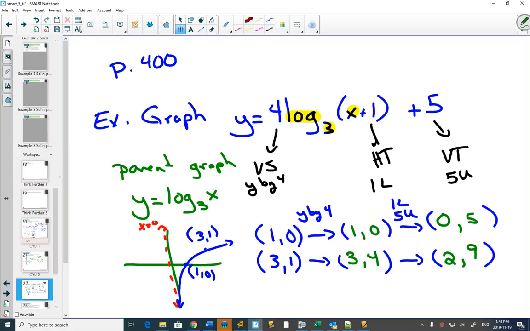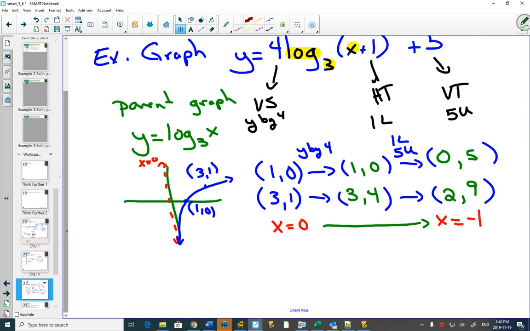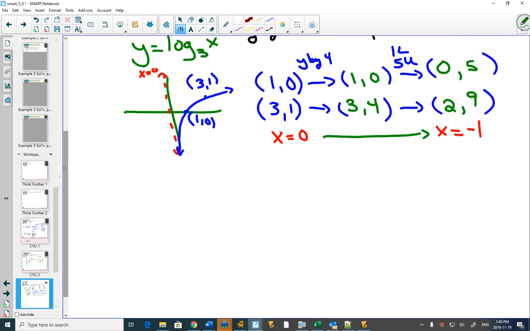What happens to our asymptote? The only thing that's going to affect a vertical asymptote is if you translate it left and right. Do we go left and right? Yes, we go 1 to the left, so our asymptote will be at x equals negative 1. Once you have your new asymptote and your new points, graph.